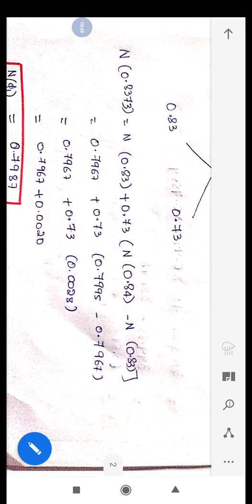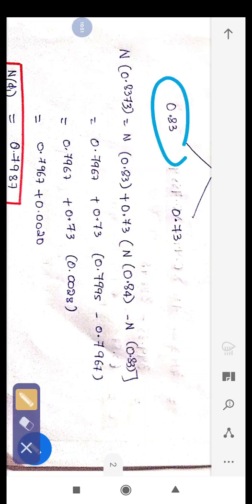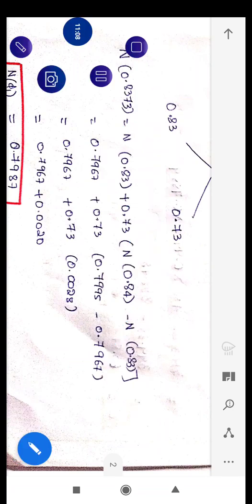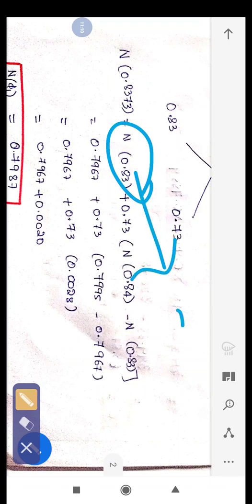Just remember, first we take the earlier number, next the second number, next we multiply by the number which is after the first number, that is 0.84. Next, from that number we deduct the first number. That's it. Now the main thing is we have to see the value for this using the statistical table.